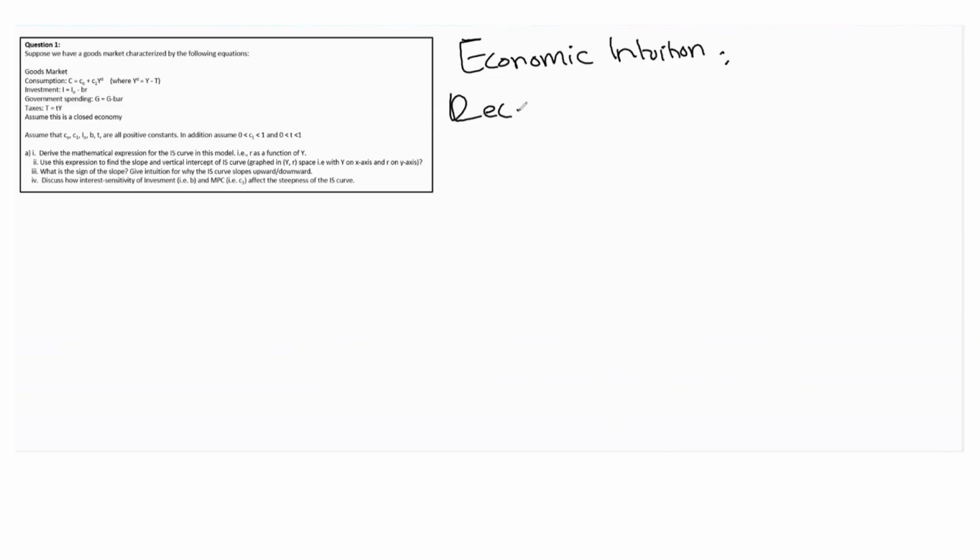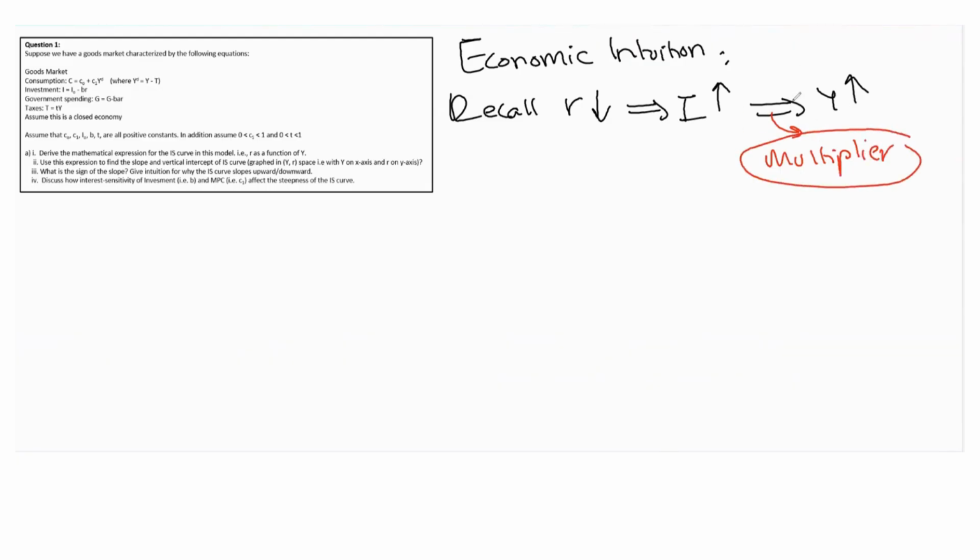So again, recall, we said when R decreases, I increases, and this is affected by B. Y increases. And what plays a role over here is the multiplier. When investment changes, demand changes and output changes through the multiplier effect. So how much Y will change in response to the change in R will depend upon the multiplier in this case.